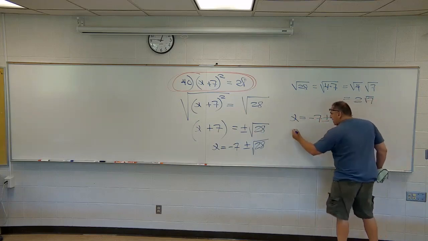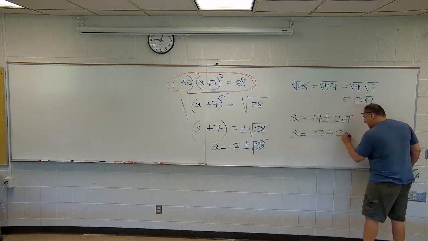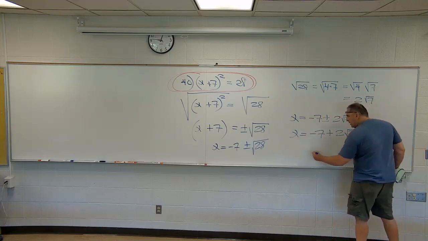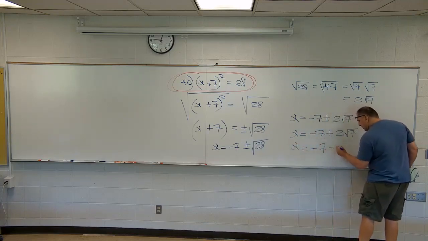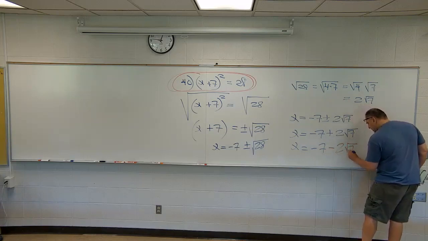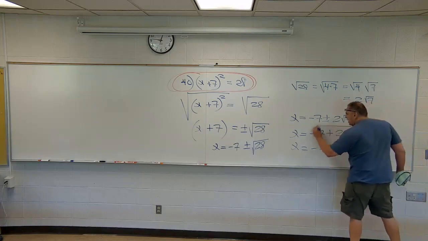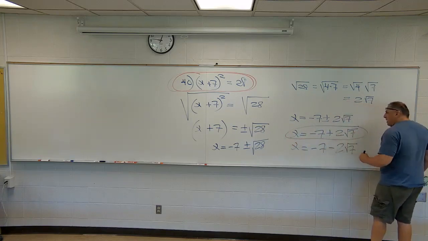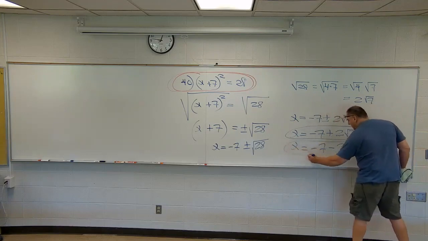Two answers. What are the two answers? What it means. X equals negative 7 plus 2 square root of 7.